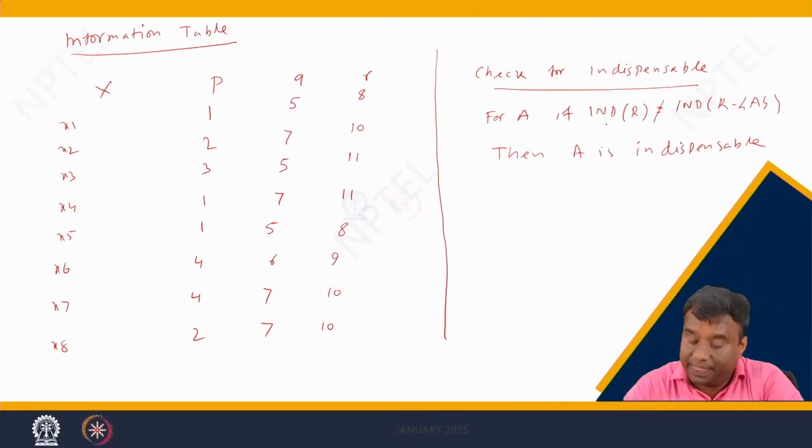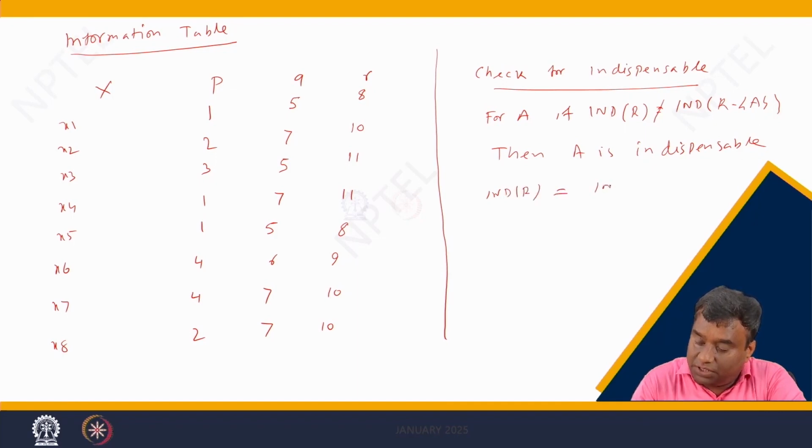For A, if the indiscernibility relation of R is not equal to the indiscernibility relation of R minus A, then you can say A is indispensable. Otherwise, if the indiscernibility relation of R is equal to the indiscernibility relation of R minus A, then A is dispensable. So we need to check these things.